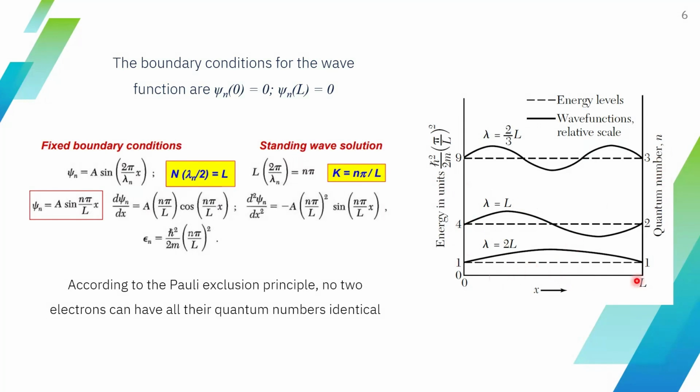These are the first three energy levels, and the wave functions of a free electron of mass m confined to the line of length L. The energy levels are labeled according to the quantum numbers 1, 2, and 3. The wavelengths are indicated on the wave functions. The energy En of the level with quantum number n is given by this final equation.